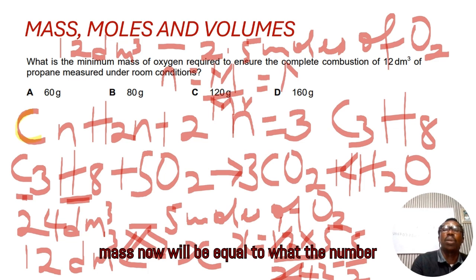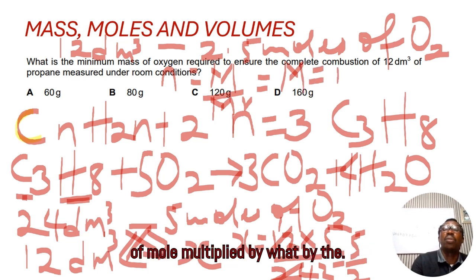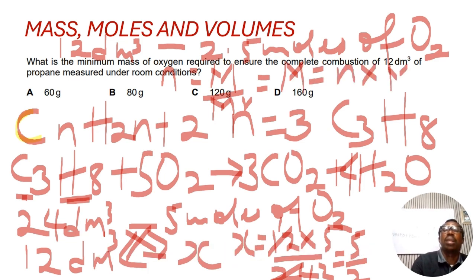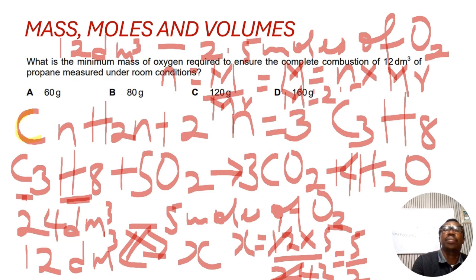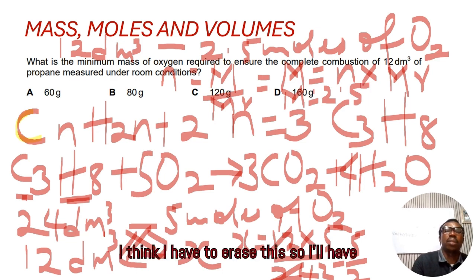So the mass now will be equal to what? The number of moles multiplied by the molar mass. So the mass now will be equal to 2.5. I think I have to erase this so I'll have enough space.